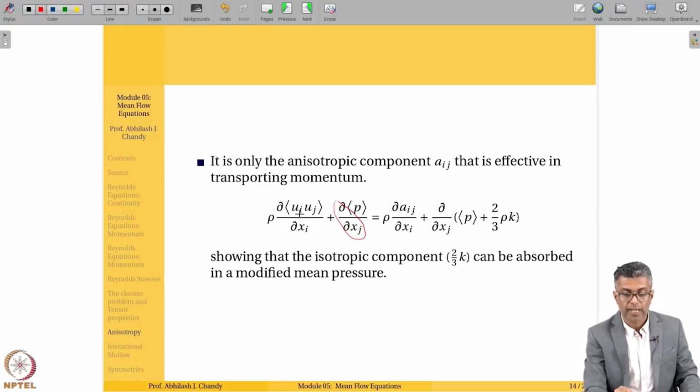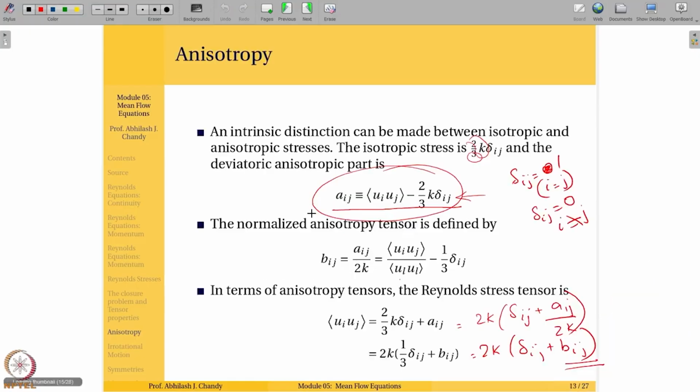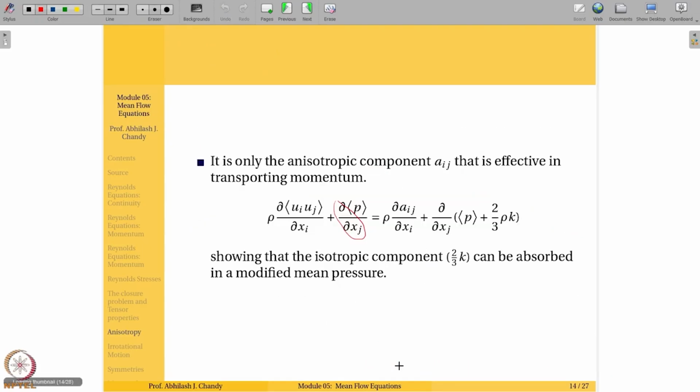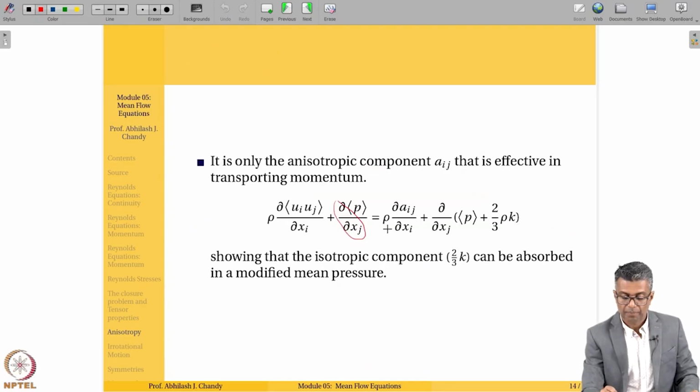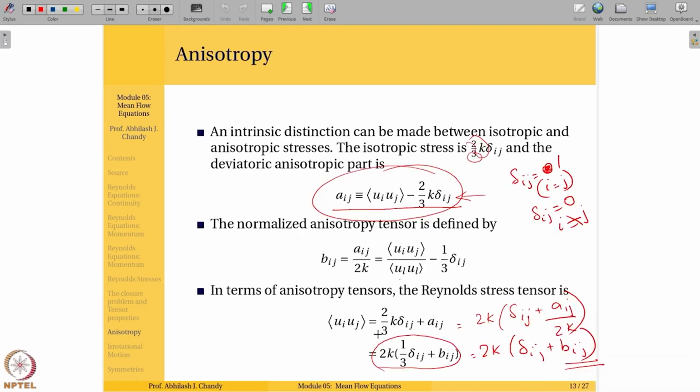Now what you're doing is you're writing the Reynolds stress tensor as this part here. You're substituting this here: 2K 1/3 delta Ij plus Bij. So here we are writing it in terms of just Aij, not Bij. So it is this equation that we are going to be using.